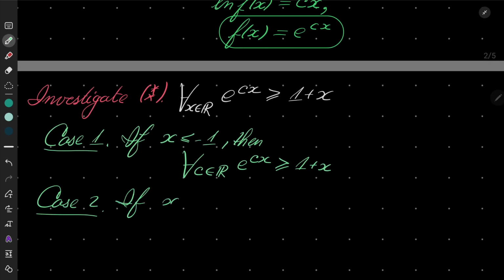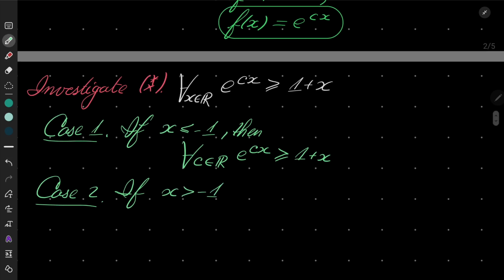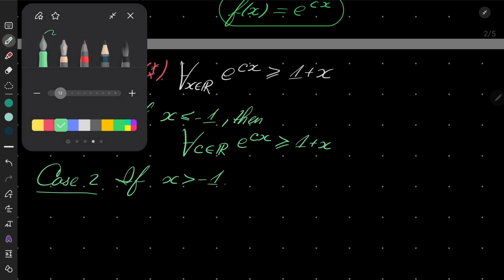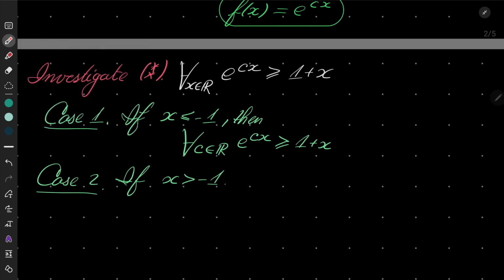If x is strictly greater than minus 1. What can we do? Well, we can take natural log on both sides. So I will mark this double asterisk.